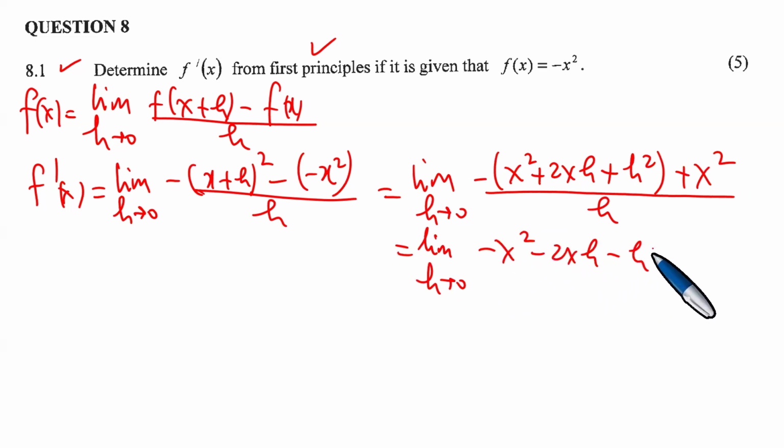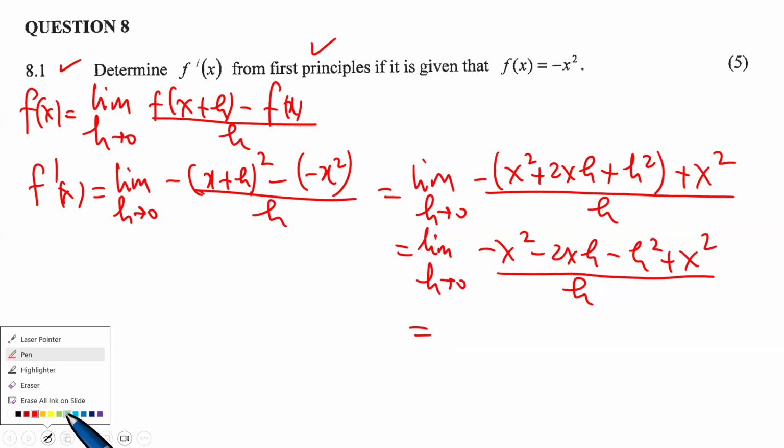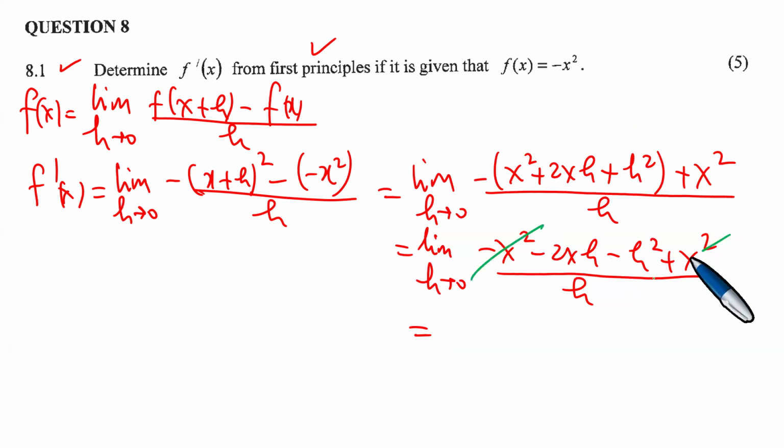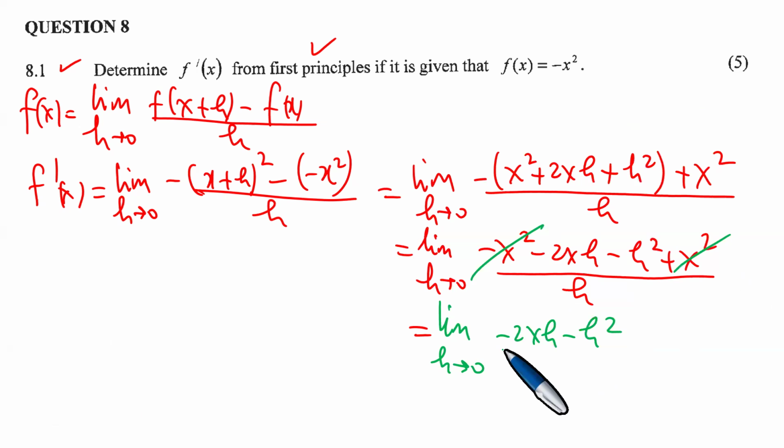This one cancels this, and this is the limit as h tends to 0 of 2xh, h squared over h.